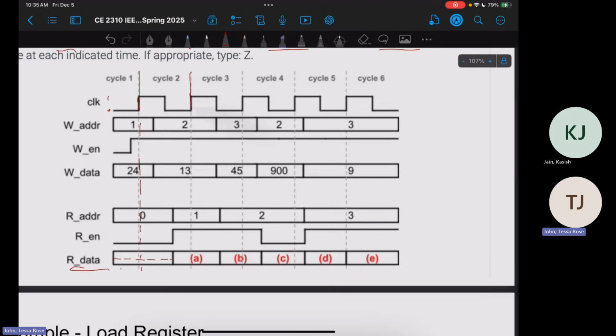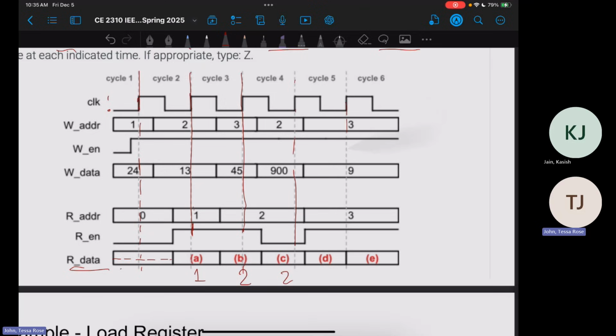So let's go to cycle 2. If you go down this line, the enable is turned on, so we do read whatever the number is. This is 1. Cycle 3: go down, the enable is still on, so we read the number 2. Cycle 4: go down, it's turned off. That means we don't read new data, we just copy over whatever our old data is, so it's still 2.